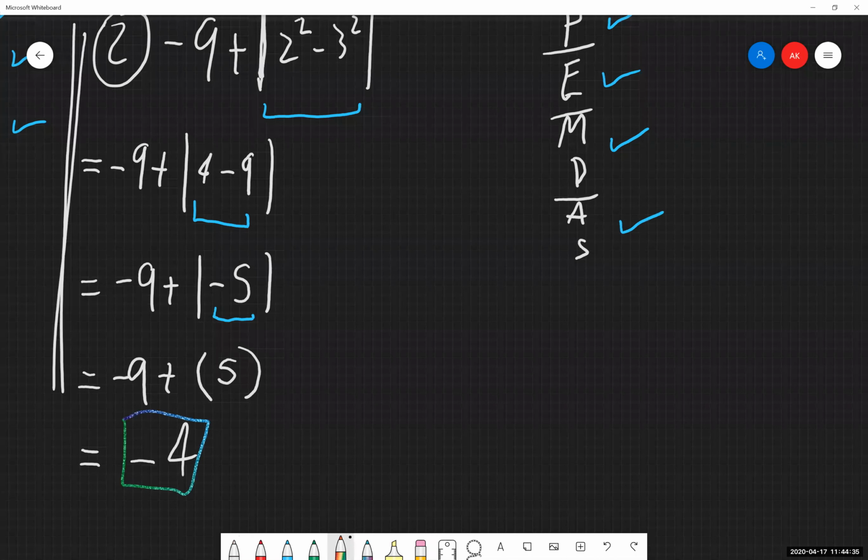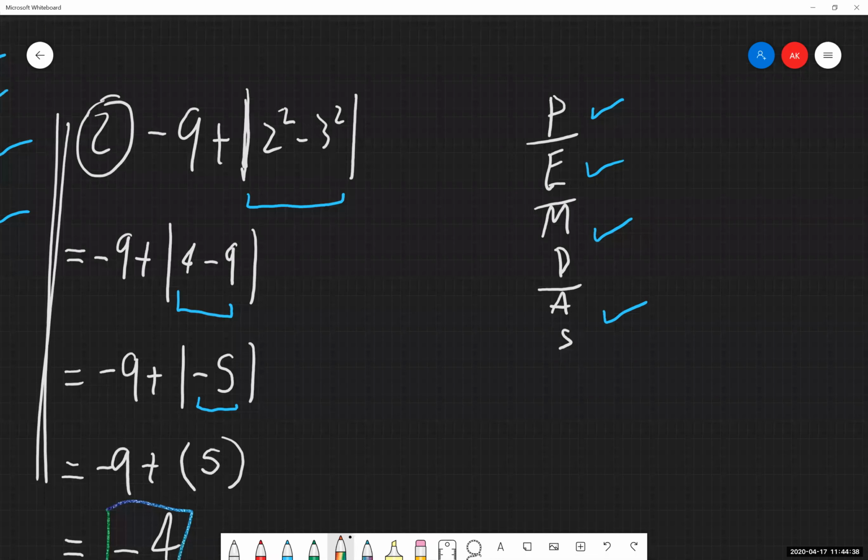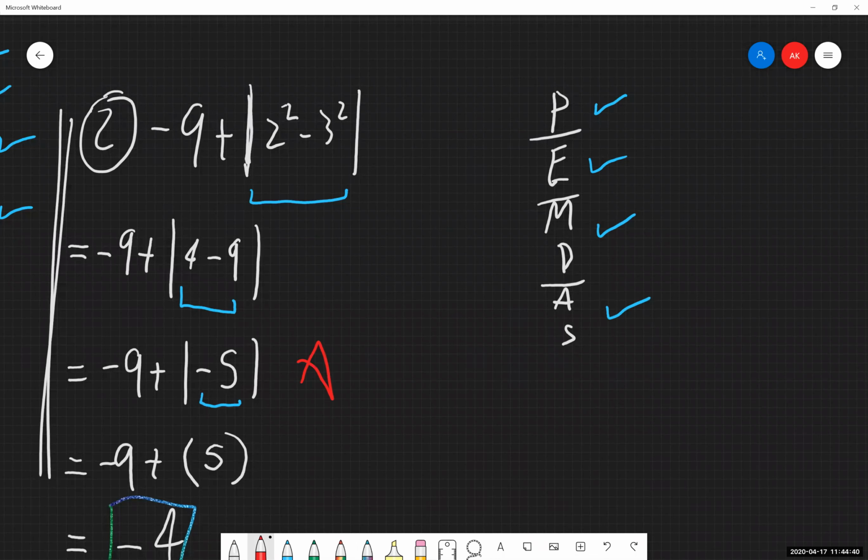So again, the big one to note is right here. We only apply the absolute value property when all that's left inside is just a single value. You cannot apply it up here. You cannot apply it up here.